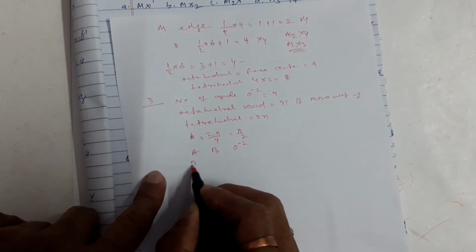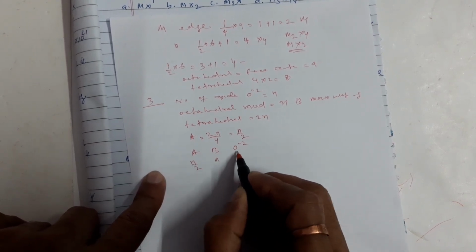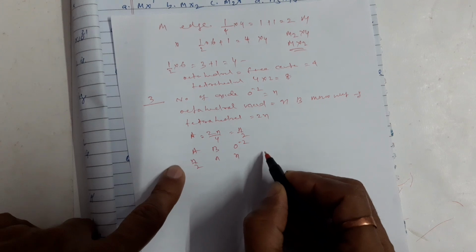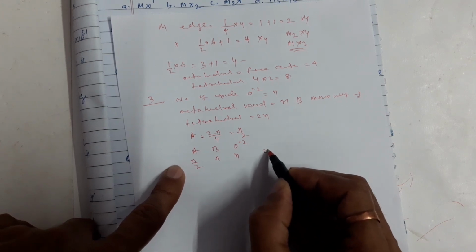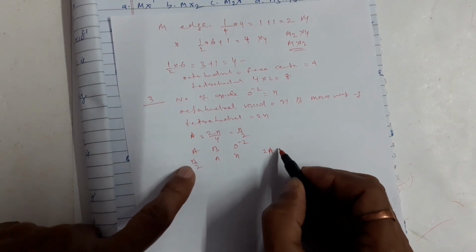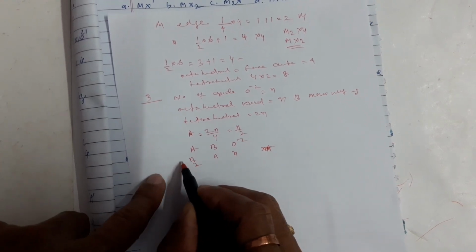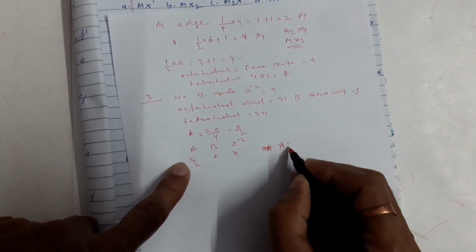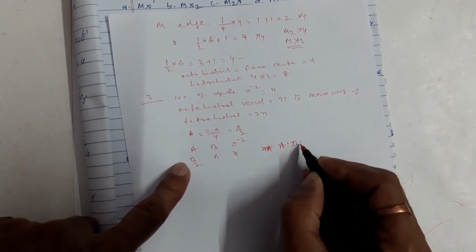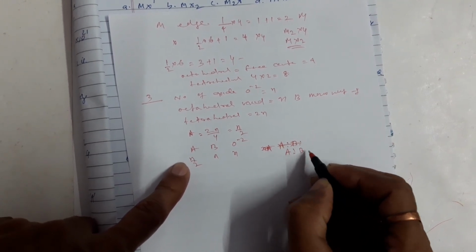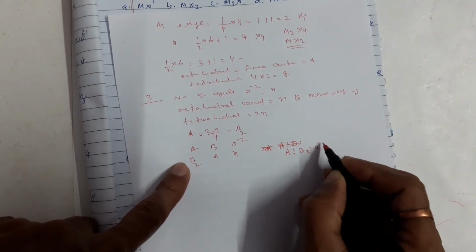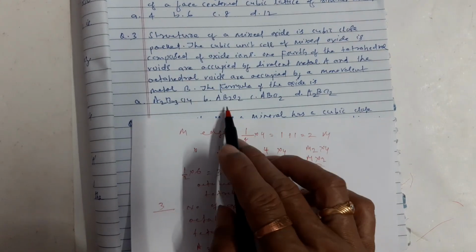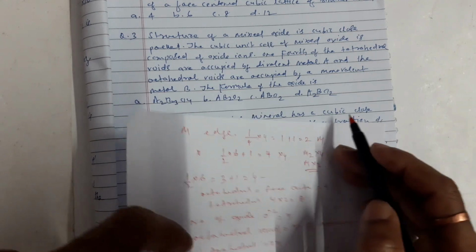A is N by 2, B is N, O is also N. Multiplying by 2, the ratio will be A is to B is to O as 1 is to 2 is to 2, so the answer is AB2O2.